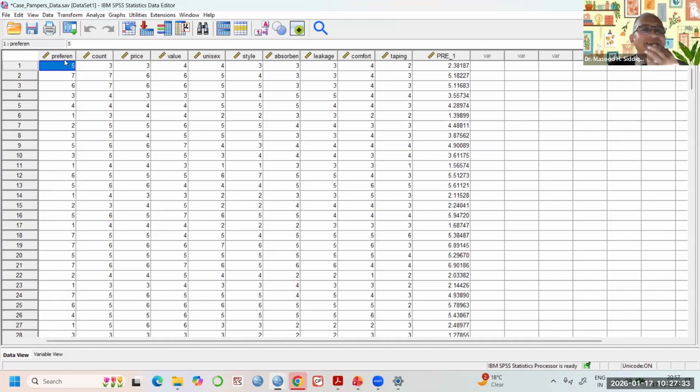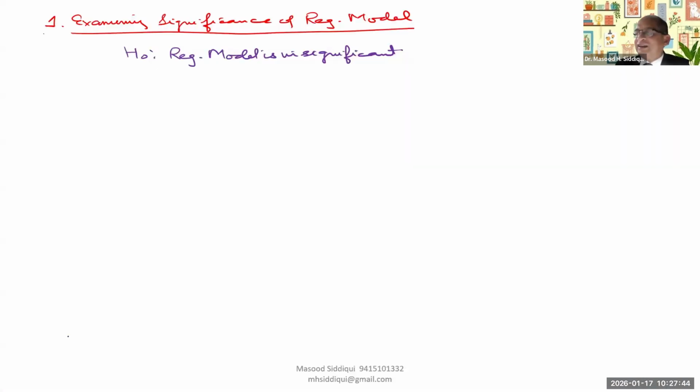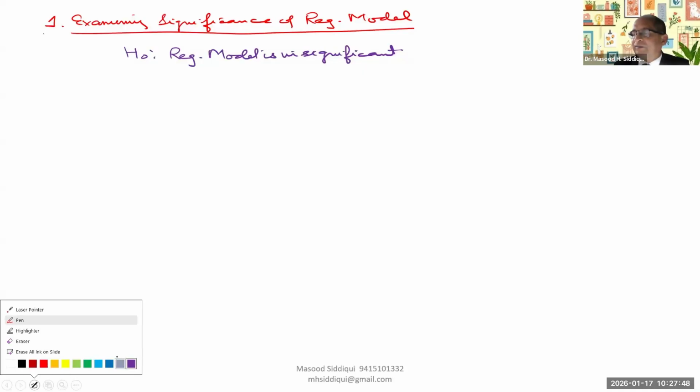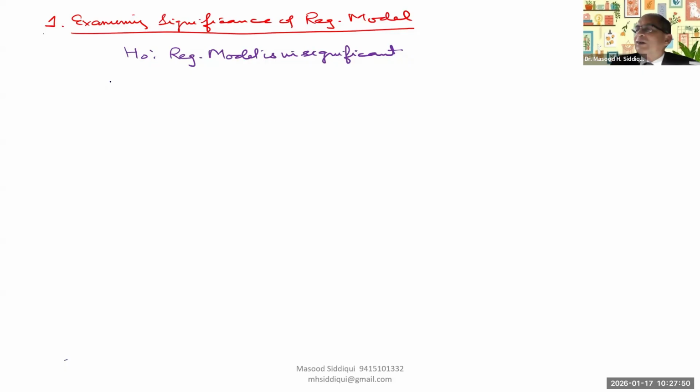Now we will be discussing the total variation that is there in Y, or the preference. So there is total variation in Y.